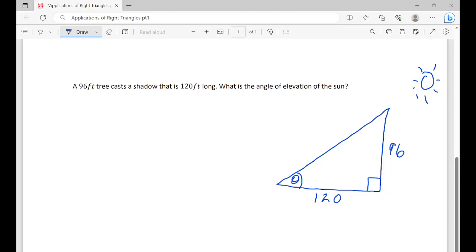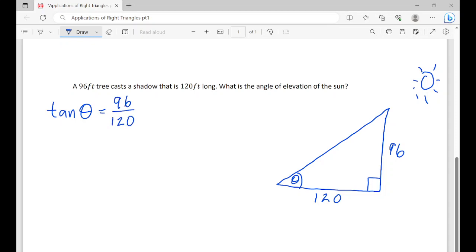I have this angle measurement, and I have an opposite and an adjacent, excuse me. Using those two things, my mind immediately goes to tangent. So tangent of theta is equal to opposite over adjacent.